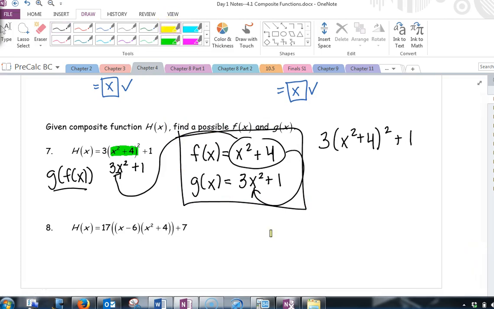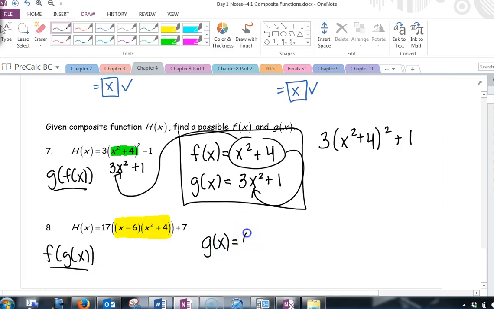Okay. Again, usually what's being plugged in, what's in parentheses, you can make that your g of x or f of x. So this time I'll do f of g of x, just to switch it up. So g of x is the one that's getting plugged in. So what got plugged in was x minus 6, x squared plus 4.